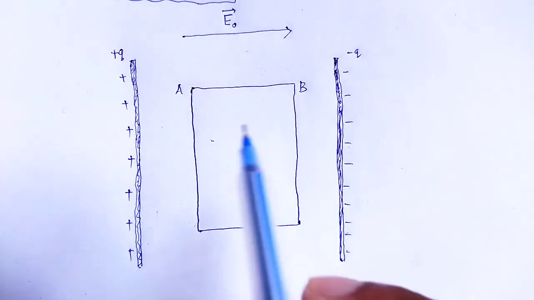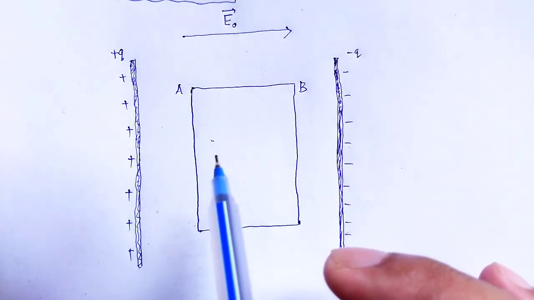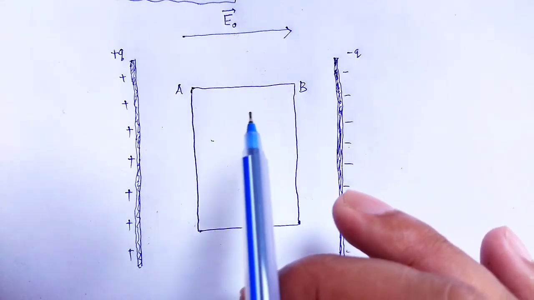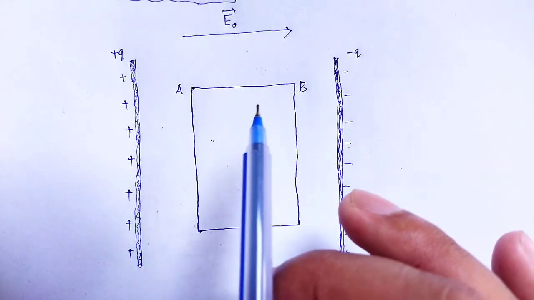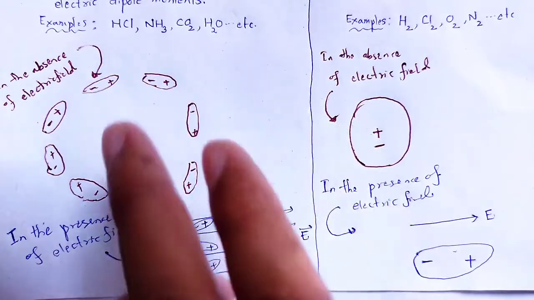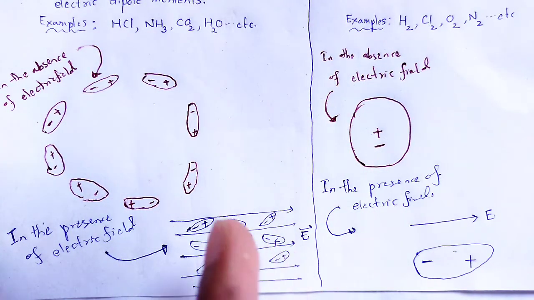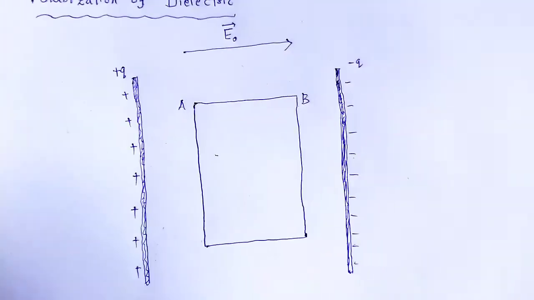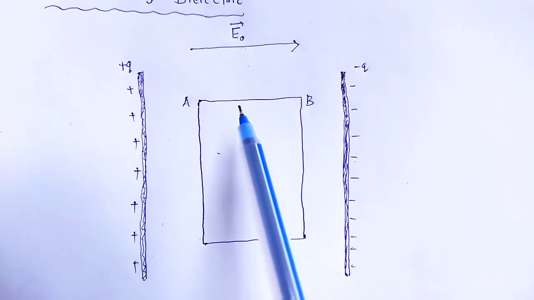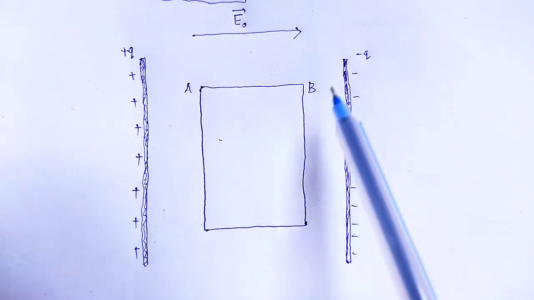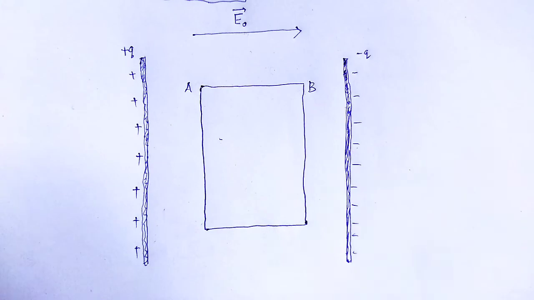If the dielectric consists of polar molecules, then in addition to shifting the center of gravity of positive and negative charges, it will also break the closed chain of dipoles. The center of gravity of negative charge moves towards the positive plate, and the center of gravity of positive charge moves towards the negative plate of the capacitor.